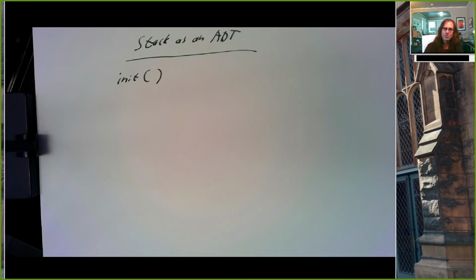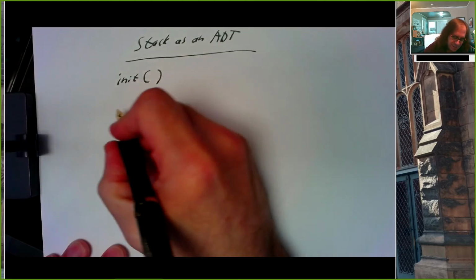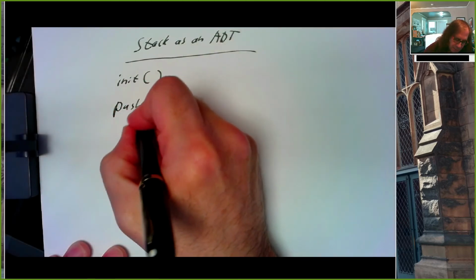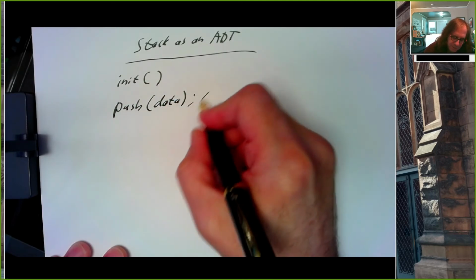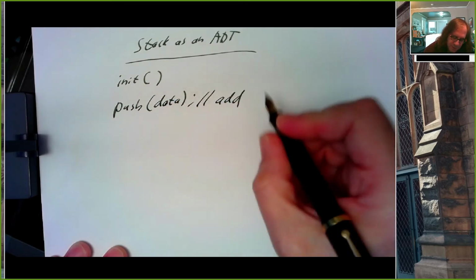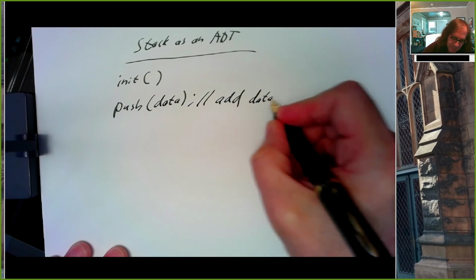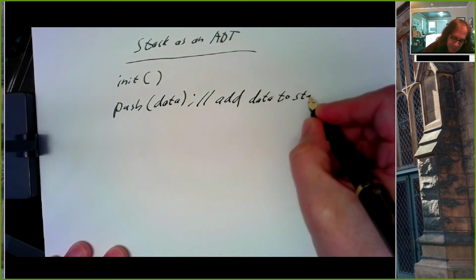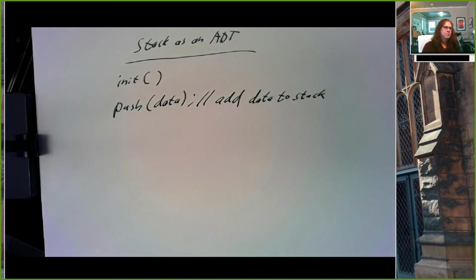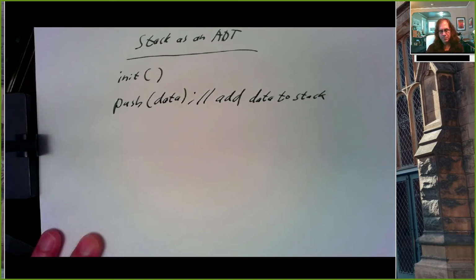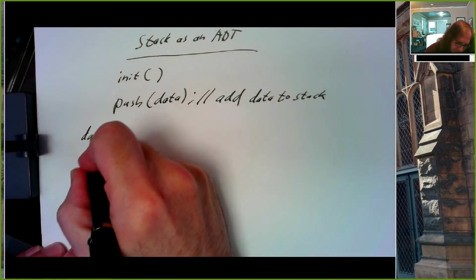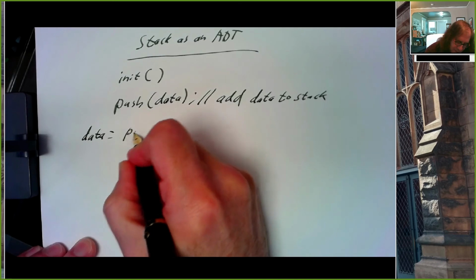And then we really don't have a whole lot of options. We might want to add something to the stack. And this is an operation called pushing. So push data says add data to the stack. We also might want to remove something from the stack, and that's called popping.